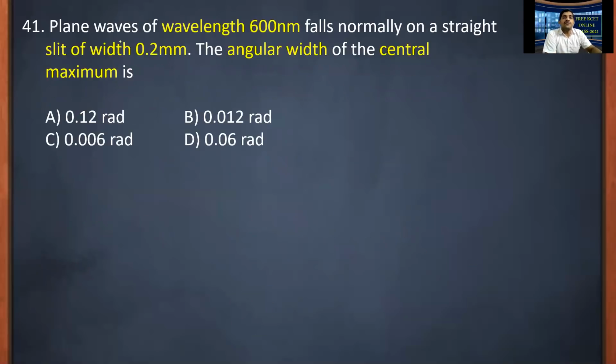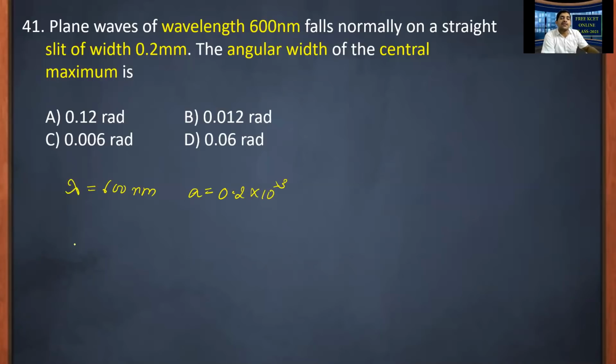Yes, the plane wave of wavelength 600 nanometer. So lambda is equal to 600 nanometer, falls normally on a slit of width, say slit width a, I'll take it as 0.2 millimeters. Angular width of the central maxima.